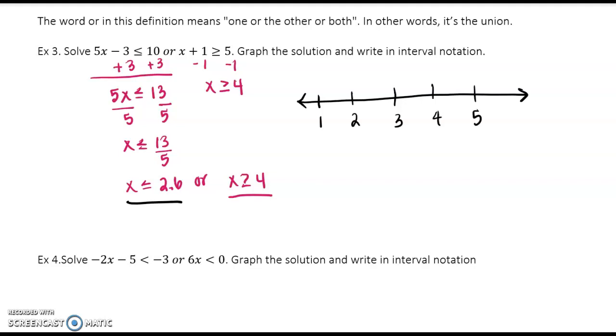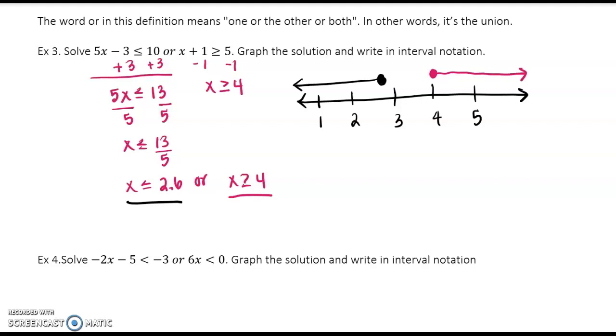So let's start off with the black one, so 2.6, and then you're going to put a closed circle, and we're going to go ahead and do it's less than, so it's going to be going to the left. X is less than 2.6. And then for the other one, it's a closed circle at 4. And then it's saying x is greater than or equal to, so now it's this way.